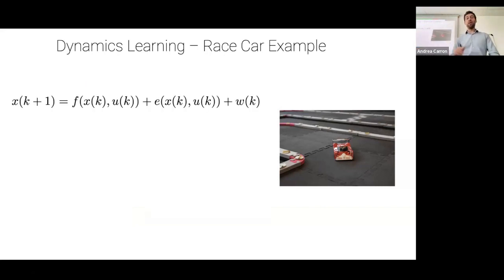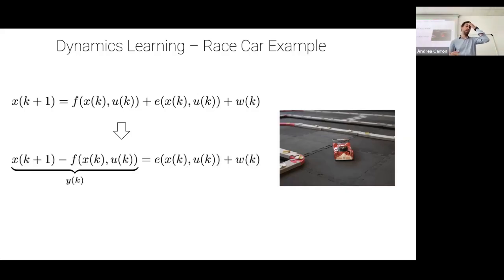And now, given this model, how can we learn the model mismatch? Well, if we assume we can either measure the state perfectly, or we can have a good estimation of the state, we can move the nominal dynamics to the left-hand side, right?